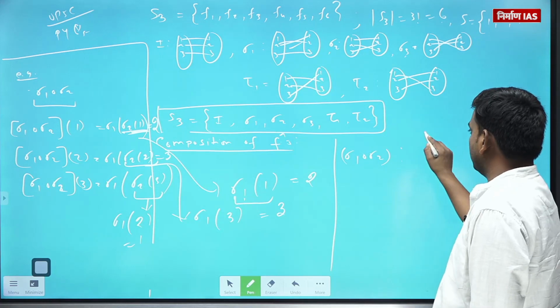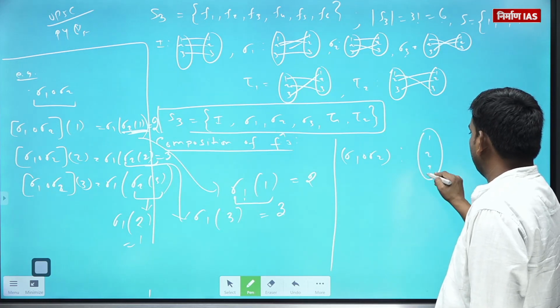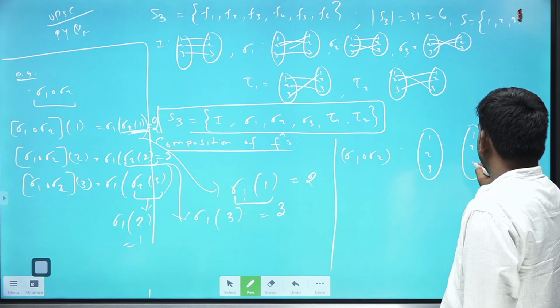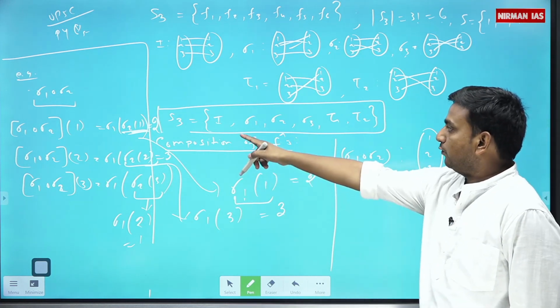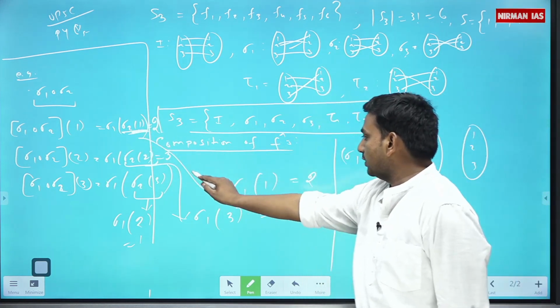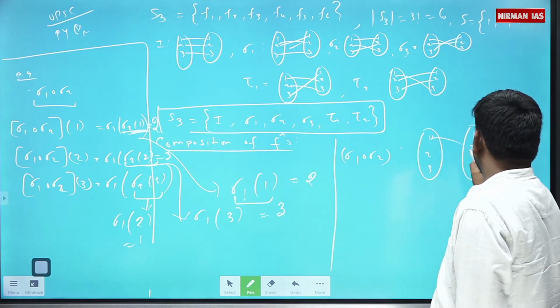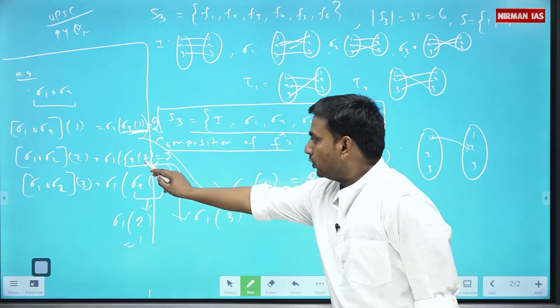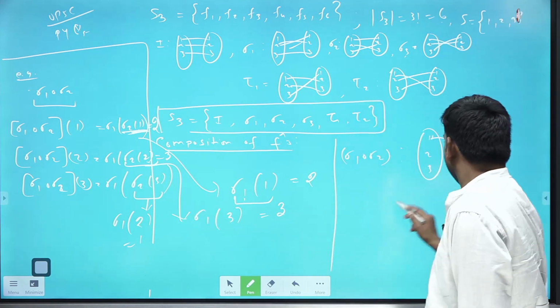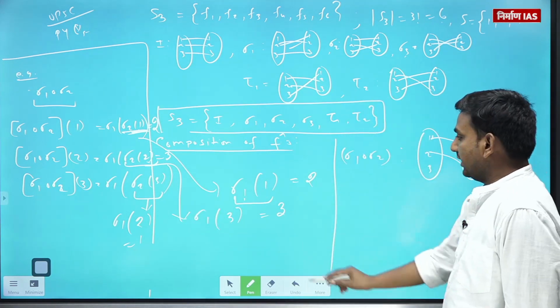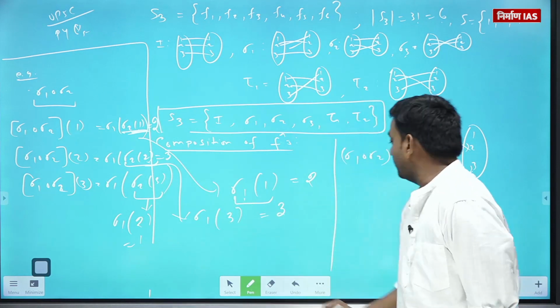Under this function, what is happening, dear? Tell me. 1 is mapped to 2. 2 is mapped to 3 and 3 is mapped to 1.